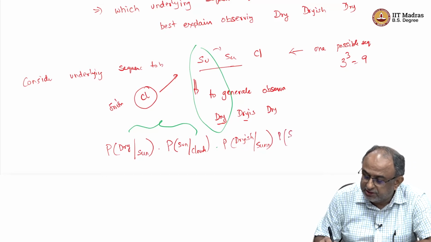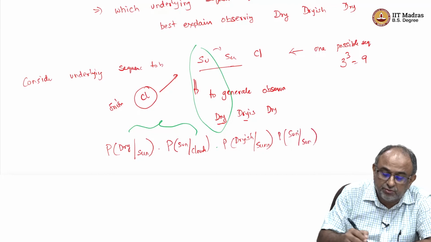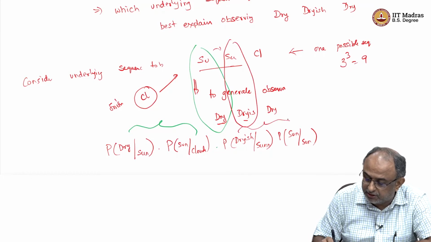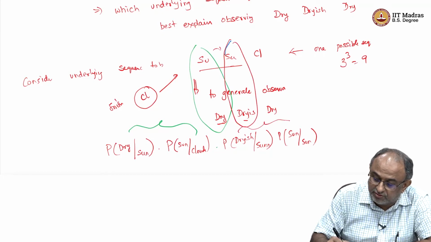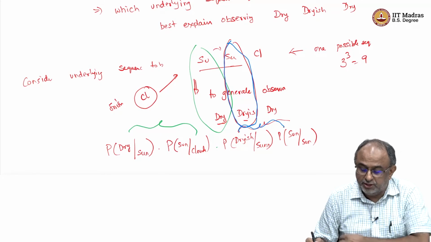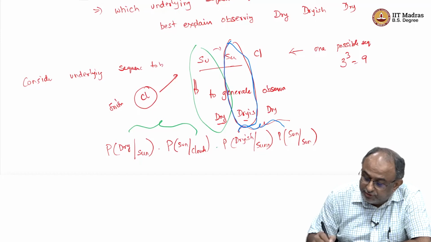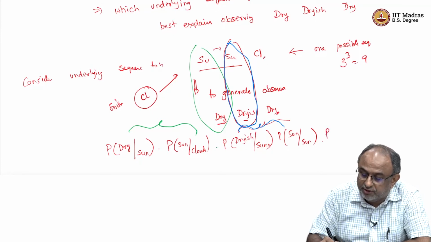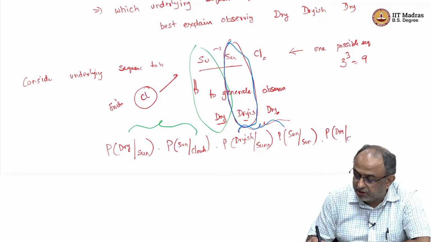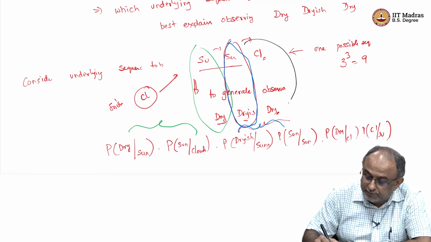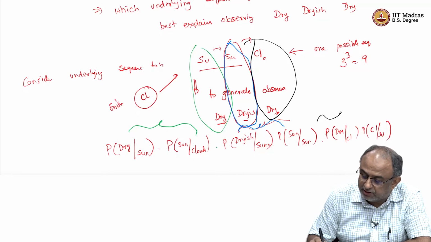So, the probability of sunny to sunny was the second part, which got captured here, and the third part of course is the probability of dry given that the weather condition is cloudy, and the transition probability of cloudy given sunny, right. And this third part is what is represented here, correct.